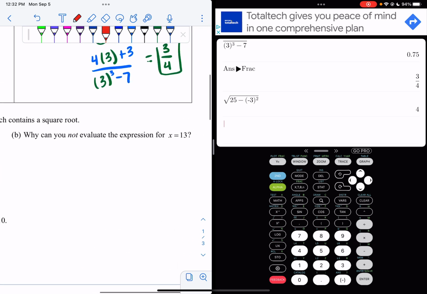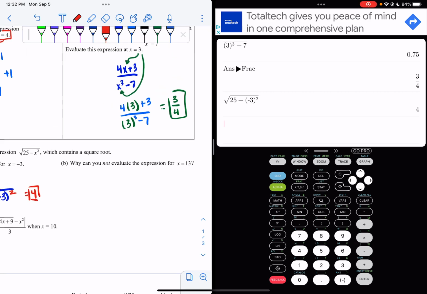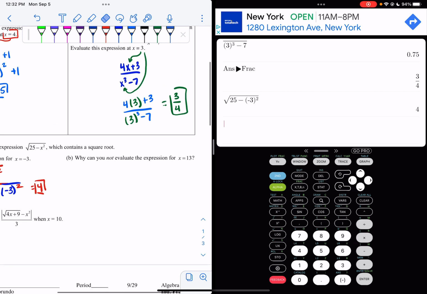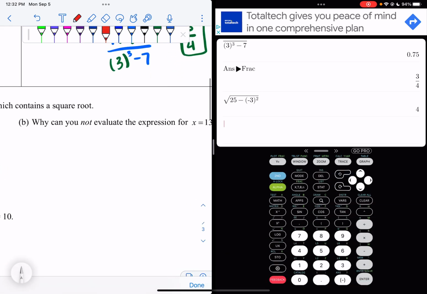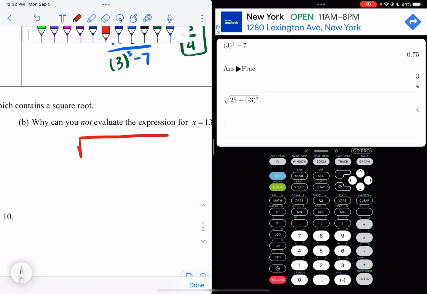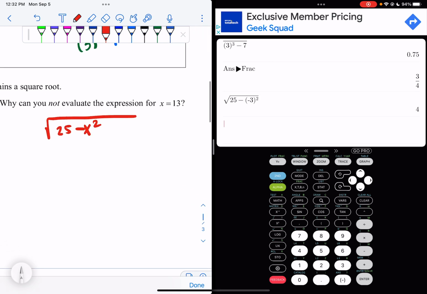Now, it says, why can you not evaluate the expression for x equals 13? So for this one, we're actually going to see what happens when we do this by hand. So I'm going to rewrite my square root of 25 minus x squared. And we're going to plug in that 13. So I have square root of 25 minus 13 squared.